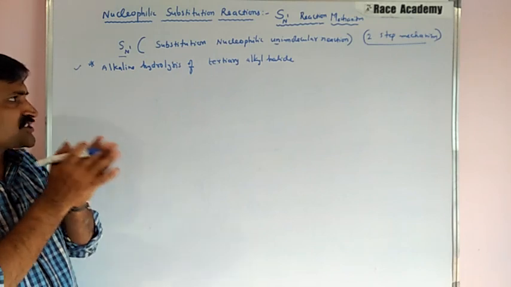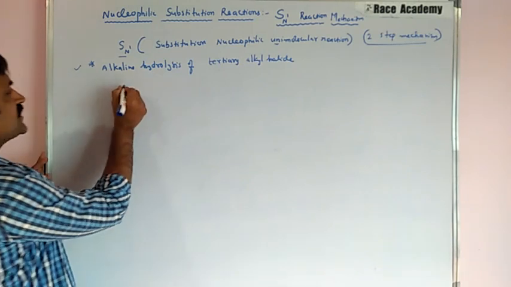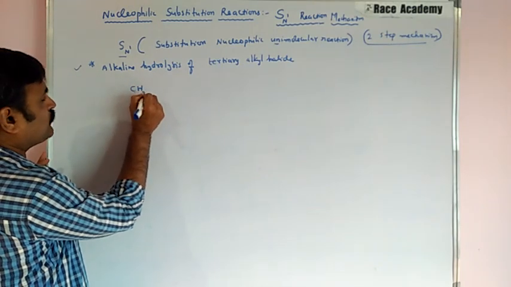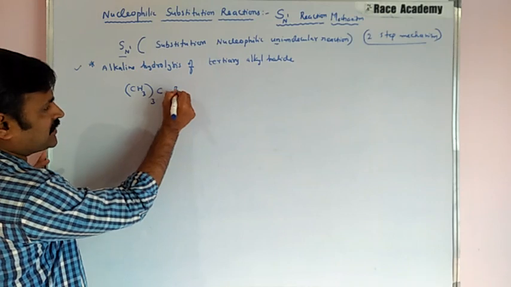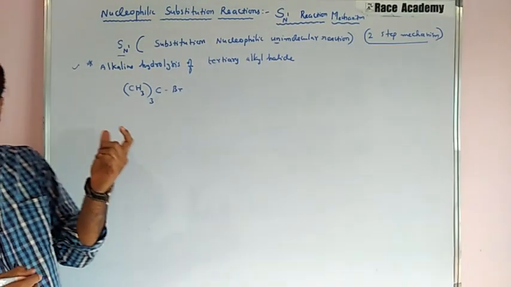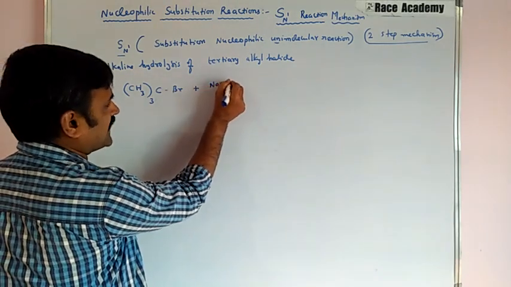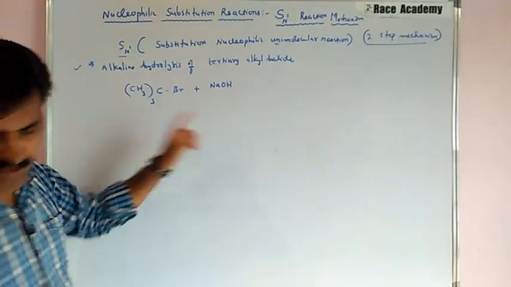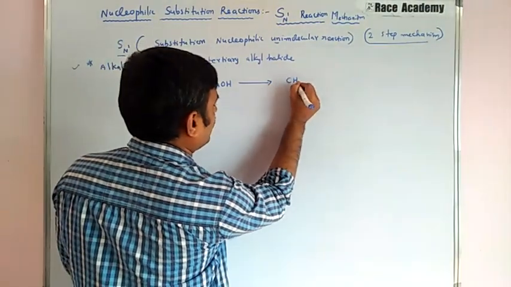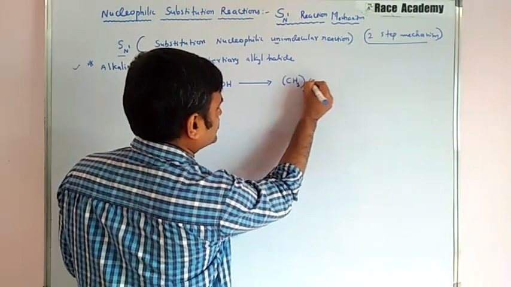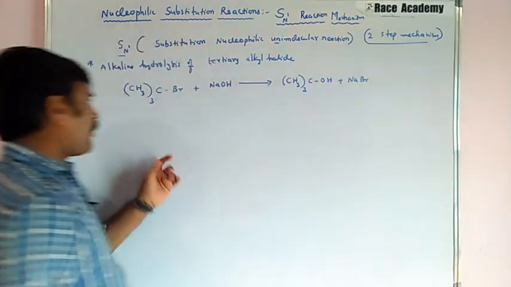For the overall reaction, I am taking a particular tertiary alkyl halide, tertiary butyl bromide. If this tertiary butyl bromide reacts with alkali sodium hydroxide, it gives tertiary butyl alcohol, (CH3)3COH, with the removal of bromide from the alkyl halide.